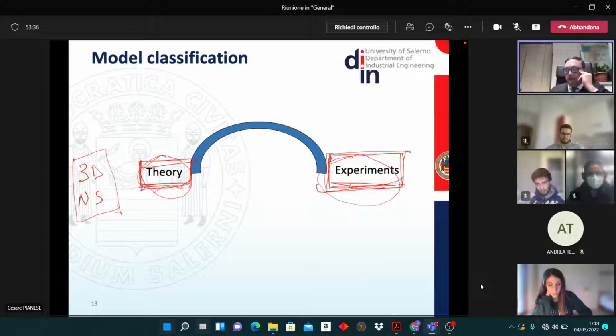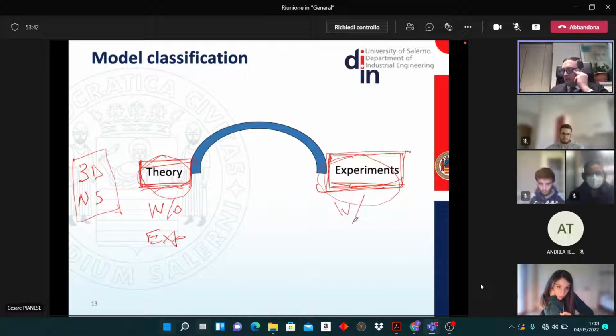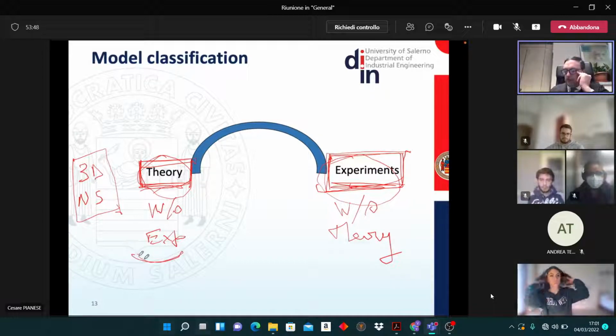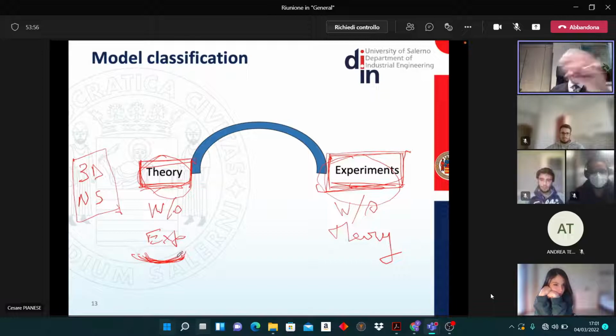So it is, for example, without experiment, without theory. Mechanical engineers, for example, with the 3D Navier-Stokes equations, or fluid dynamics, or chemical problems, or basic mechanical problems, try to develop the model starting from the theory, because you know the theory.